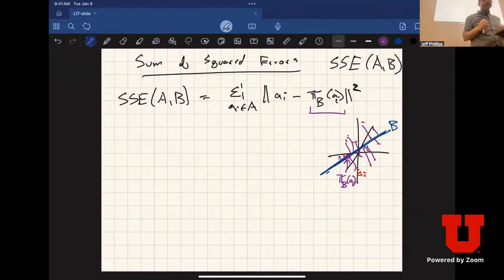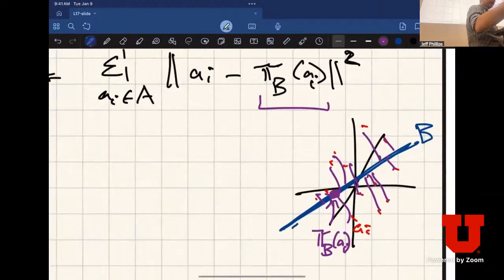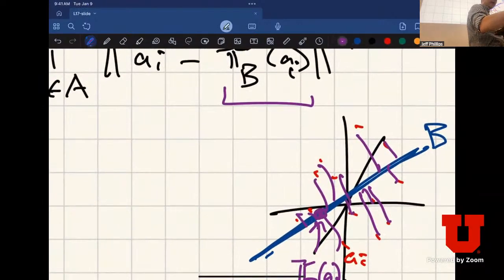Okay, so this is a different objective. I'm no longer preserving all the distances. Some of the distances are going to get greatly distorted. For instance, if I look at the distance between these two points, they're mapped to these two locations, and this distance between the two green circled points is now greatly distorted.